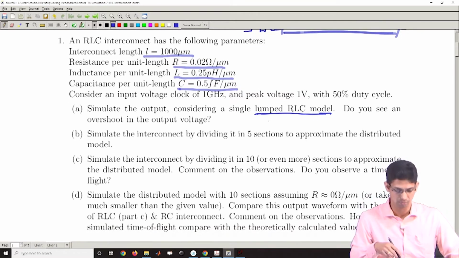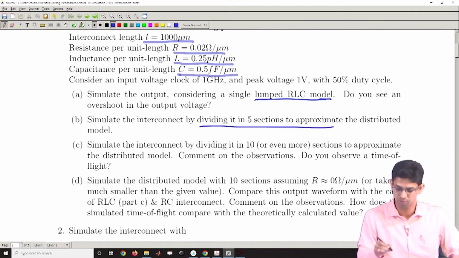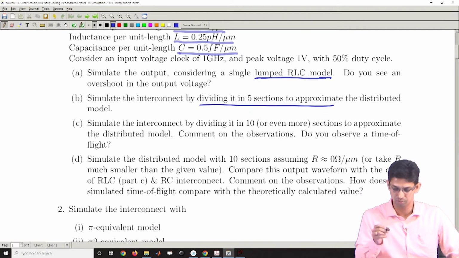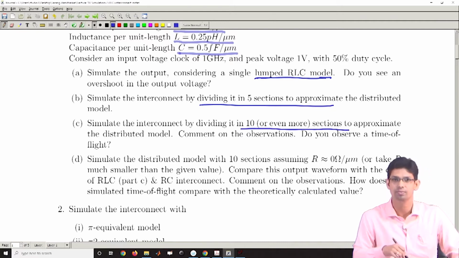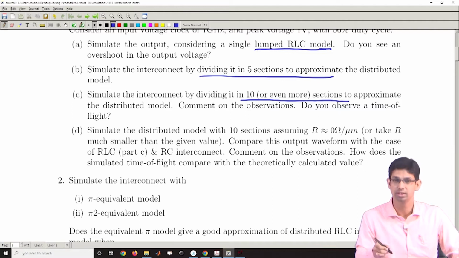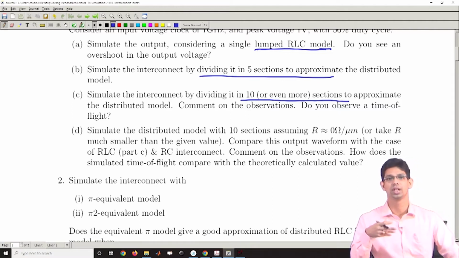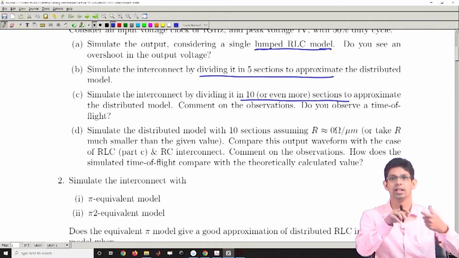in this simulation. Then we will simulate this interconnect by dividing it into 5 segments, 5 small sections. Then we will extend it to 10 segments, and this will be with R, L and C, but then we also want to investigate the wave phenomena. So, we will minimize or remove the resistance part and only L and C will be there.